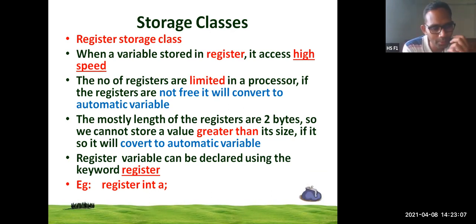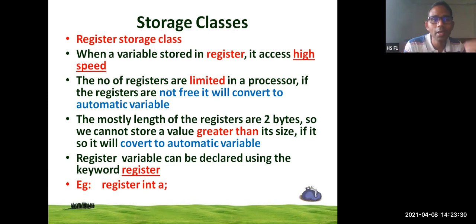If you open a CPU or a laptop, you will see the processor separately and the RAM separately. So in order to fetch data from the RAM or any secondary storage device, it needs some CPU cycles. It has to spend one or two CPU cycles to fetch the data. Those CPU cycles can be avoided if the memory is allocated on registers.